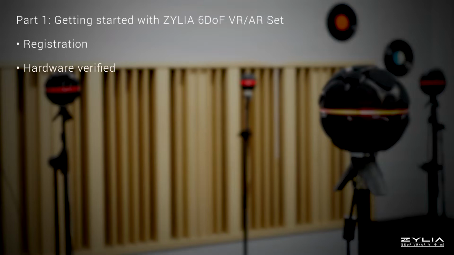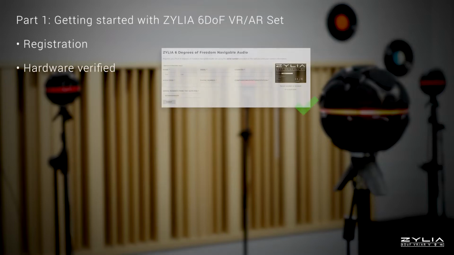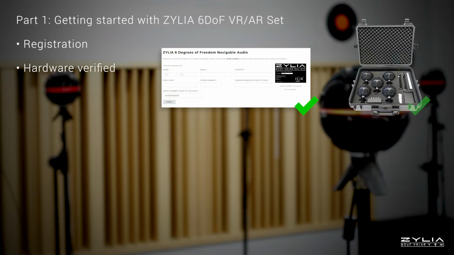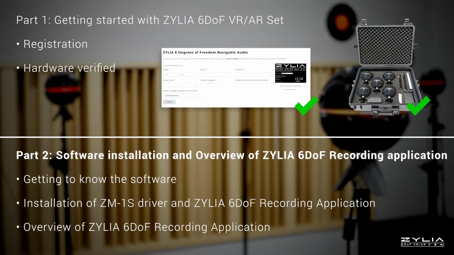With the ZYLIA 6 Degrees of Freedom VR/AR set registered and the hardware verified, it is time to install the software, which will allow for recording and rendering the 6 Degrees of Freedom content.